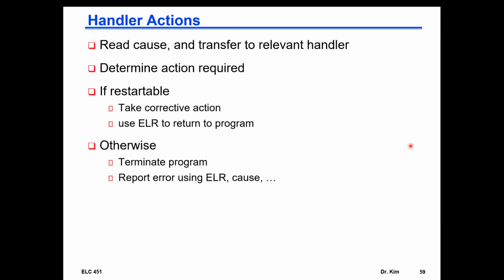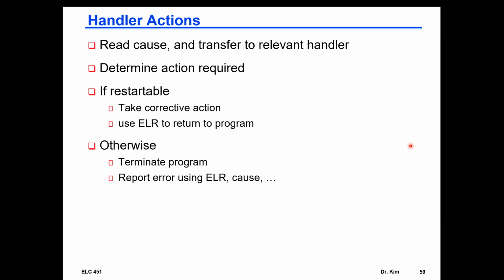So what are the actions that these handlers would normally do? Obviously, read the cause and transfer to the relevant handler if you require something more complex. And in there, you would determine the action that is required.